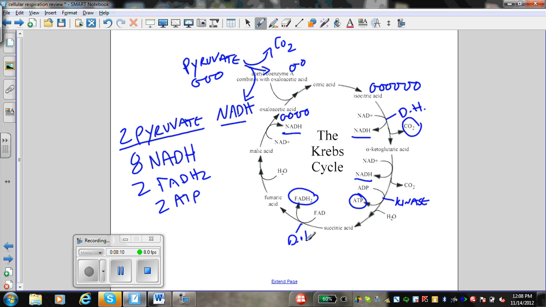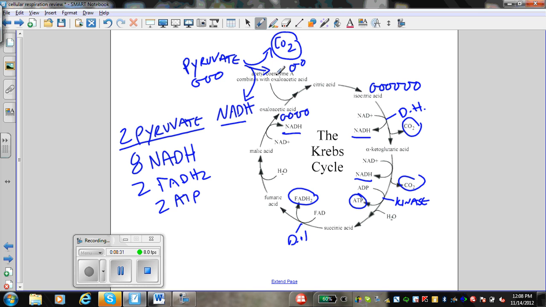So you think about it, from our original carbon chain, we really don't have any carbon left because all the CO2, as you can see, gets released in the Krebs cycle. So all the CO2 is released, all of the NADH and FADH2 is made here. Very little ATP so far, though.